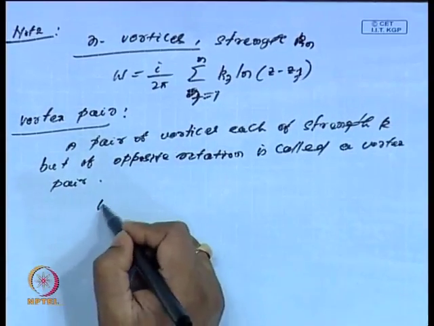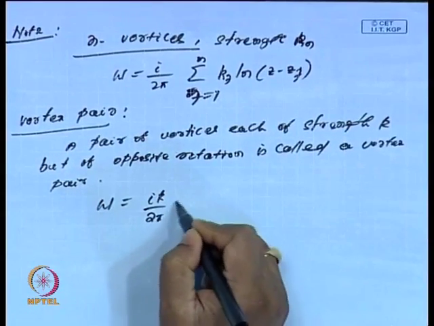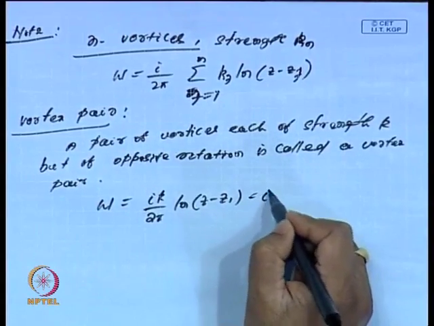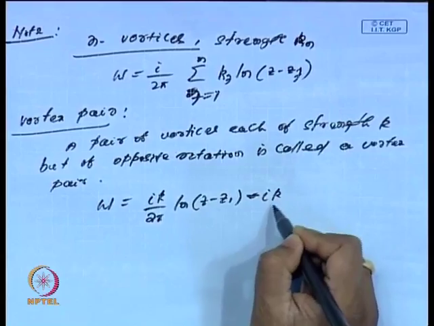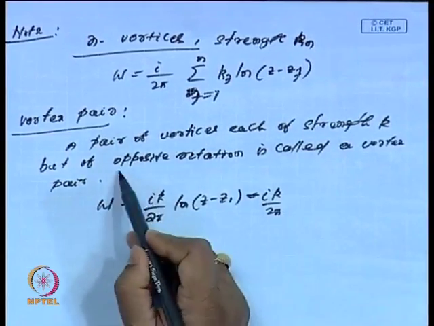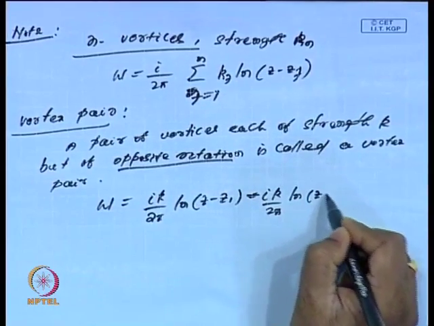So, in this case w is equal to i k by 2 pi log z minus z 1, minus i k by 2 pi, because they are of opposite rotation, so the minus sign comes, log z minus z 2.